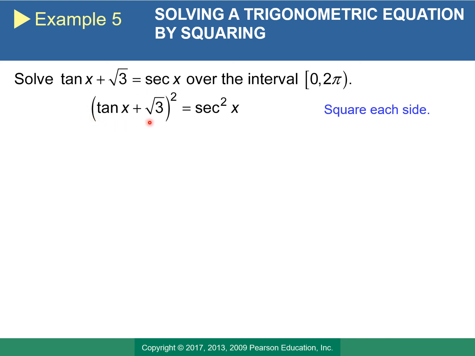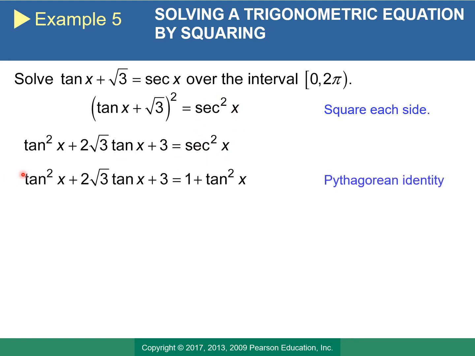Now on the left, we're going to end up having to FOIL. And so if you want to pause this, you can, and FOIL out the left side. You have a binomial times itself. Okay, you ended up getting, hopefully, tangent squared x plus 2 root 3 tangent x plus 3. And the right side was still secant squared. Okay.